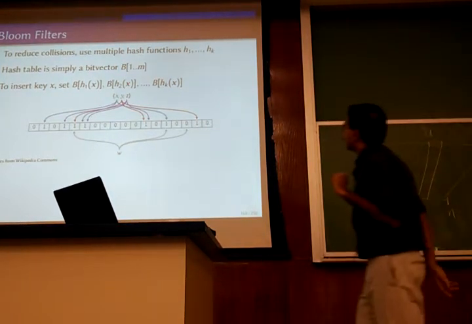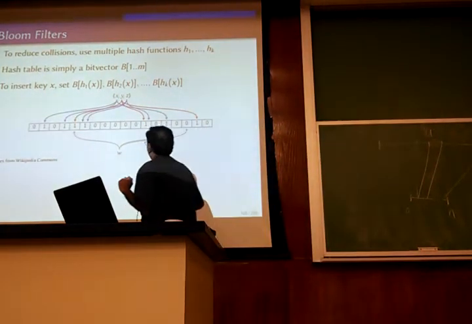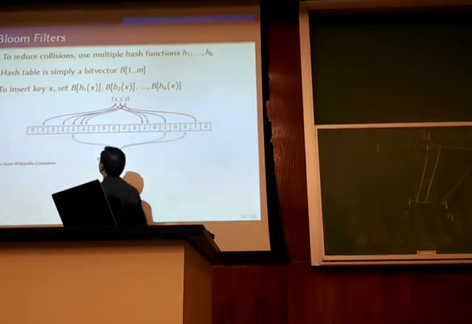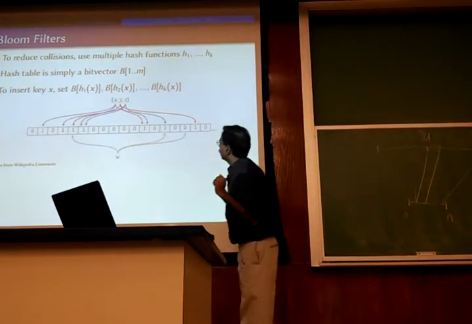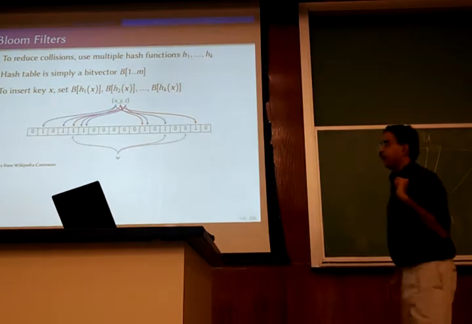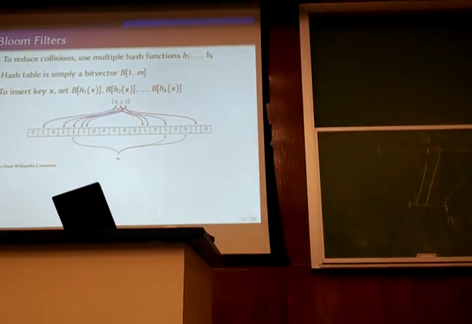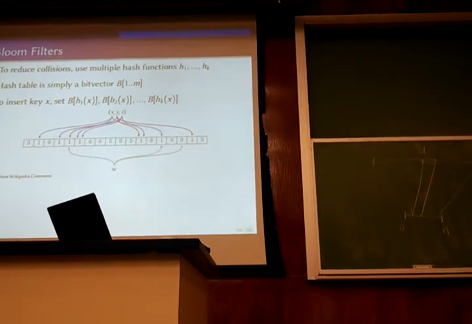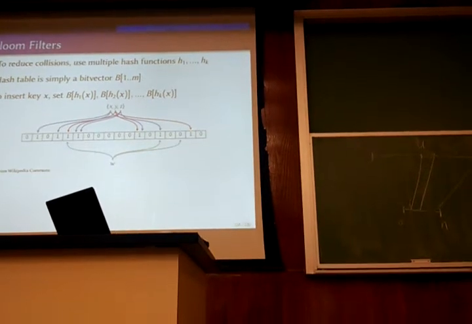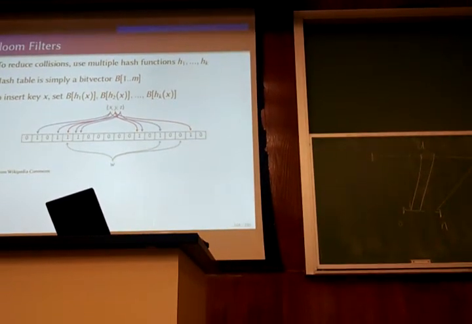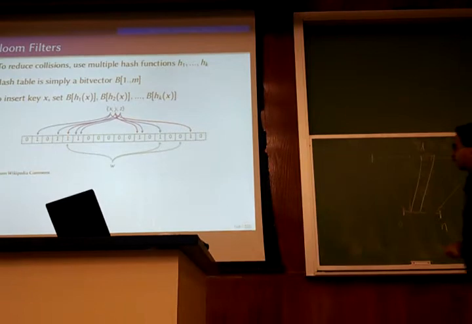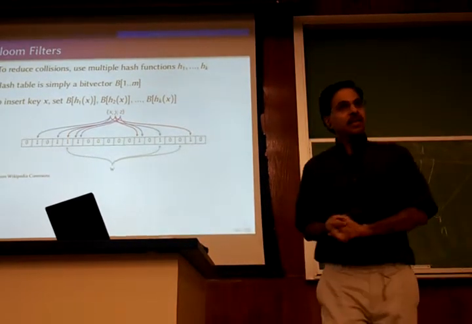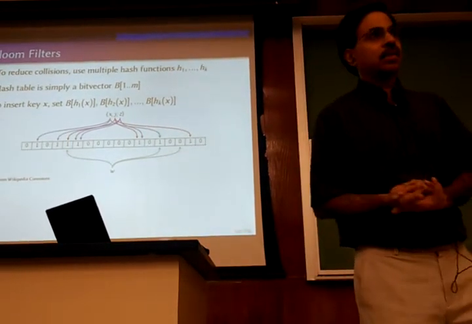Again, for x, h2 of x happens to be 5, and once again you go and set the fifth bit to be 1, and h3 of x happens to be something too large for me to count, but again you can see that bit is set to 1.